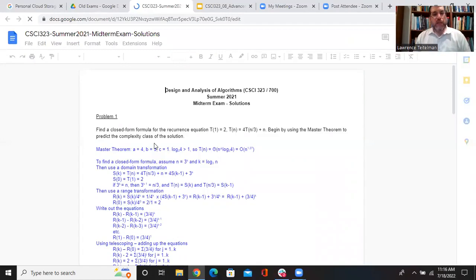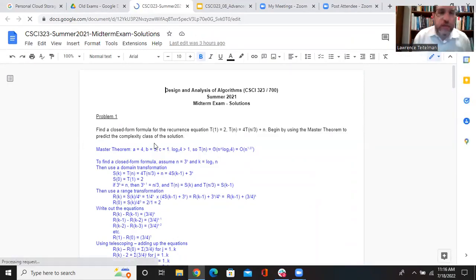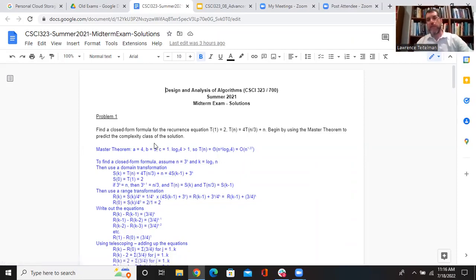As you can see, I put some effort into writing out the solutions, so it's as clear as possible, but I do want to walk through it with you. Again, one question you can be pretty assured of is there'll be some kind of recurrence equation on the exam. So let's take a look at this recurrence over here.